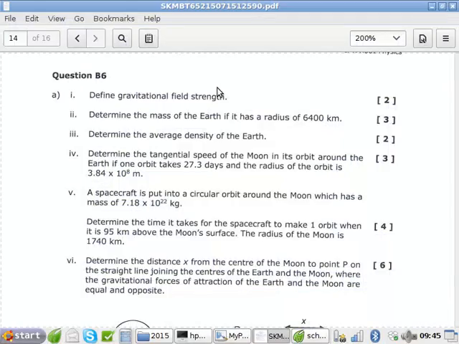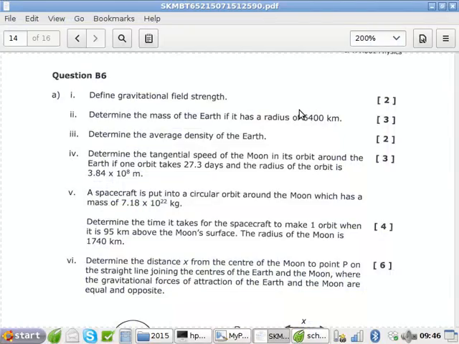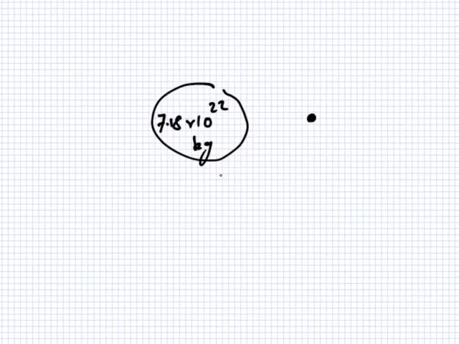Its mass is 7.18 times 10 to the 22 kilograms, and there's a spaceship here, and its distance is 95 kilometers, but the moon radius is 1,740, so the answer would be 1,835 from the center to the center.